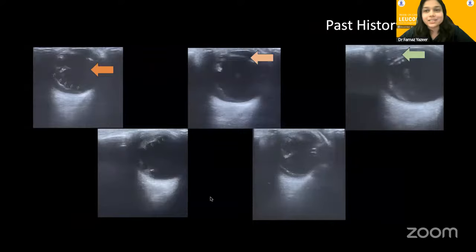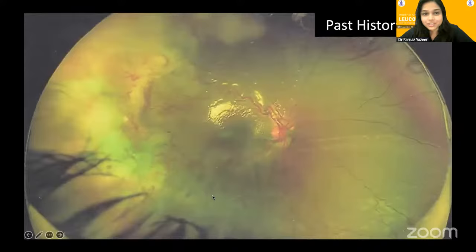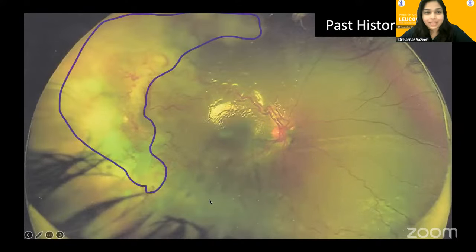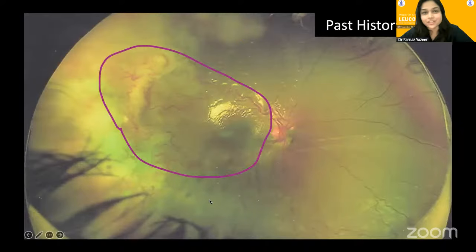This is the ultrasound, which was interpreted to have diffuse homogeneous echoes, partial retinal detachment, and choroidal detachment. The fundus picture when the child walked in was interpreted to have extensive exudation with tortuosity of vessels, neovascularization temporally, and shallow exudative RD.